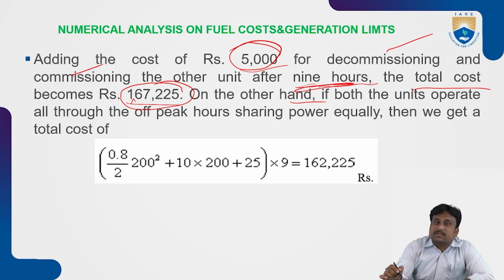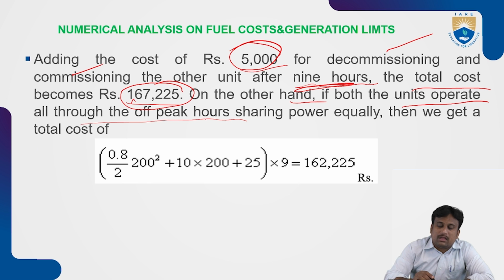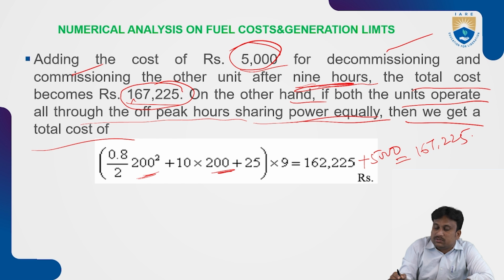On the other hand, if both the units operate all through the off-peak hours, sharing the power equally, then we get a total cost of 0.8 by 2, pi is 200 square plus 10 into again pi plus 25, that is 9 equals to 1,62,225, which will be added with 5,000, which is about 1,67,225 rupees.